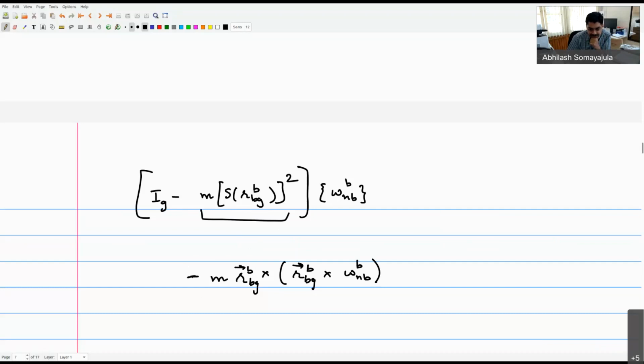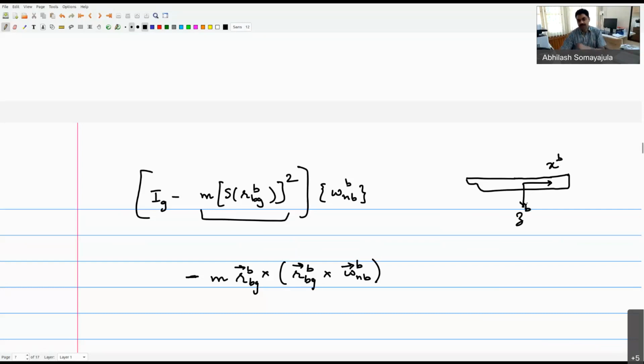Let us say, for example, I consider the case where the angular velocity of the ship is purely about the Y axis. X, Y is pointing out and Z is pointing down, let's say.